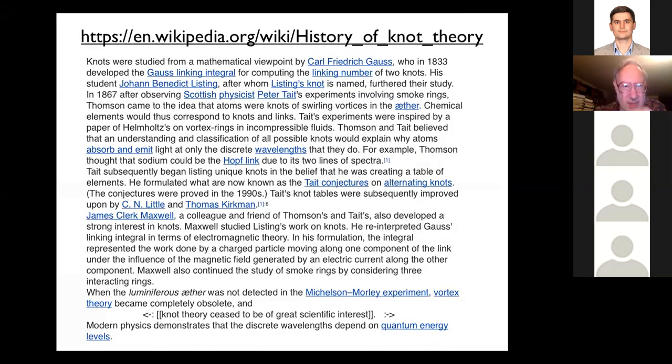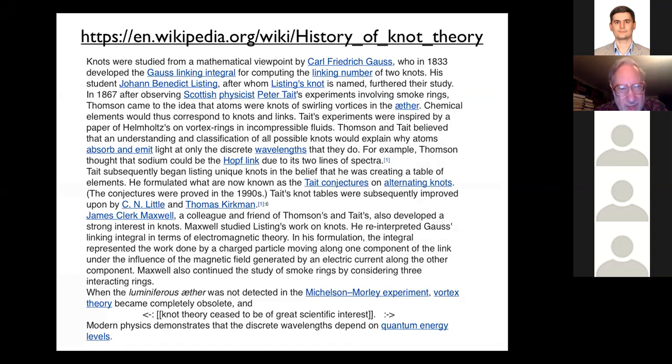And this part of the world of knots in relation to physics went on in the 19th century. And you might wonder, well, what happened then? And if you look it up in the Wikipedia under history of knot theory, you may find some opinions that you would agree or disagree with.